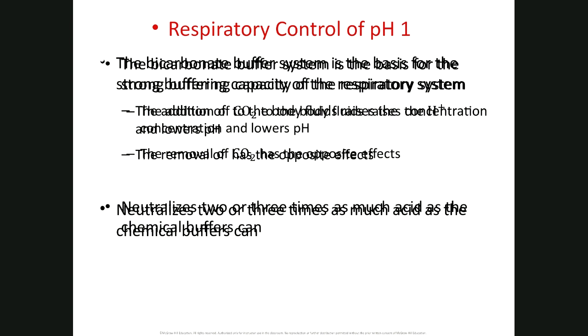Now, the goal is to make sure that you are between 7.35 to 7.45. The bicarbonate buffer system is the basis for the strong buffering capacity of the respiratory system. Right? It neutralizes 2 or 3 times as much acid as the chemical buffers.